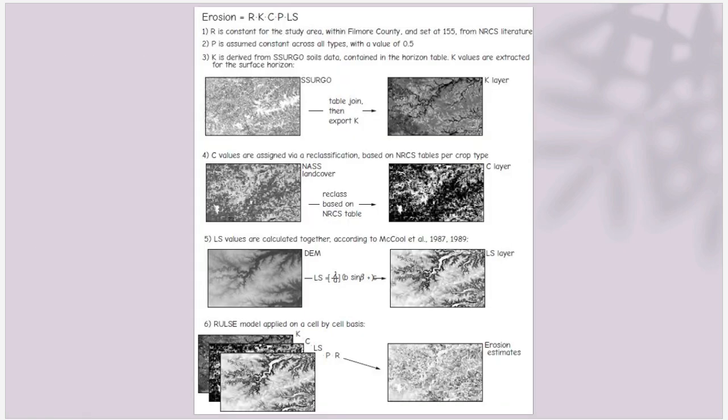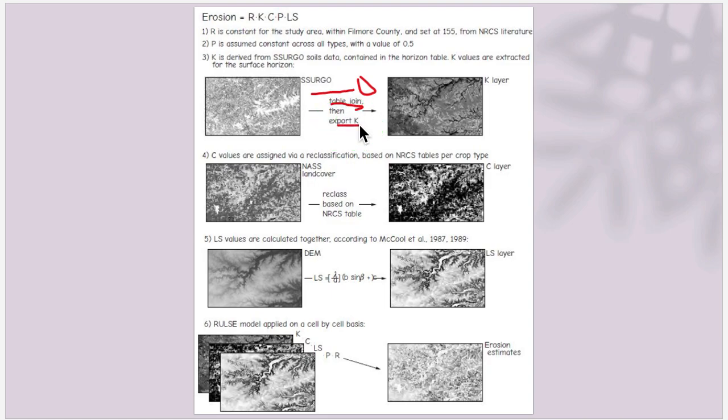Here is an example of RUSLE being used, and we can see that for this layer, they had to use different functions, like a table join, and then you export that.